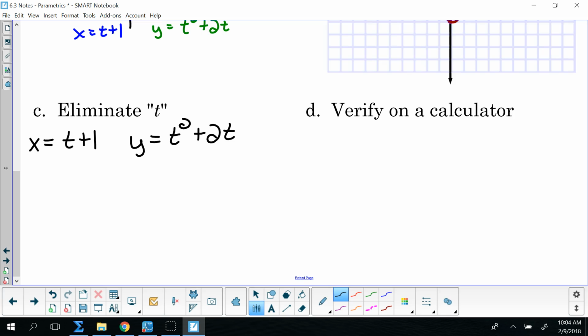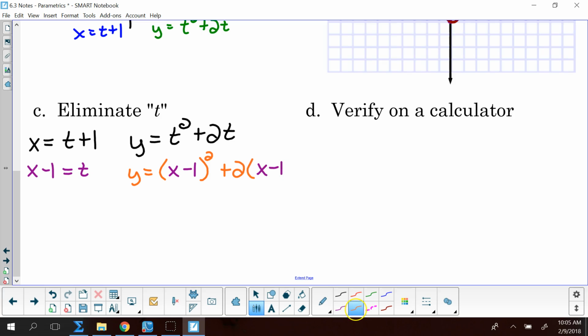Okay, so you are saying over here, I want to go x minus 1 equals t into the other equation. So here I would go y equals x minus 1 quantity squared plus 2 times x minus 1.